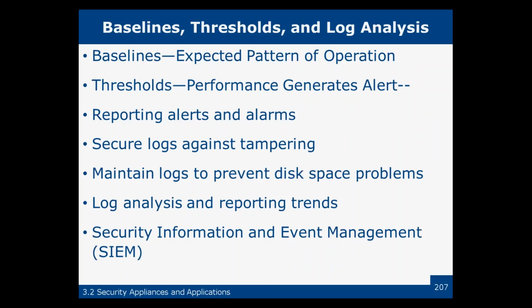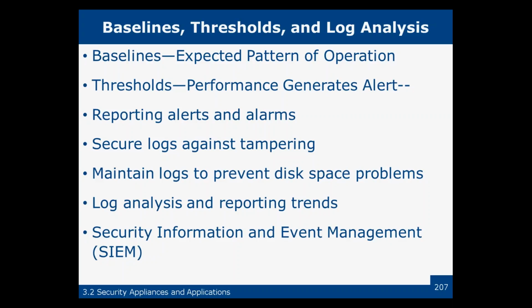Baselines, thresholds, and log analysis. Baselines are the expected operation, what is normal. How much traffic you've got on the network is hopefully going to be a whole lot less at 2 or 3 o'clock in the morning than it is at 8 o'clock in the morning. The thresholds are the levels of either network traffic, or maybe CPU, memory, or disk use, at which you're going to get a report generated.